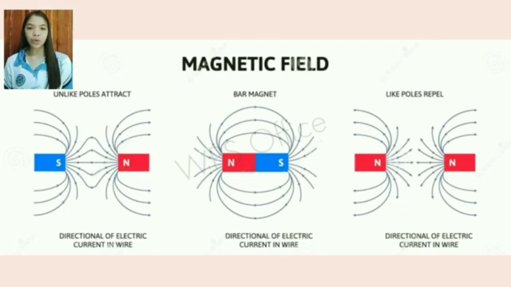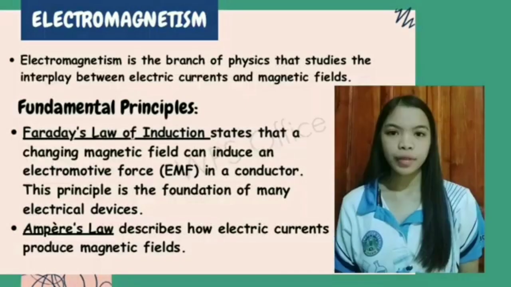This means two north poles push away from each other. Each section mentions the direction of electric current in a wire, which is related to how magnetic fields can be created by electricity. So, it shows how magnets interact and how electric currents can create magnetic fields.